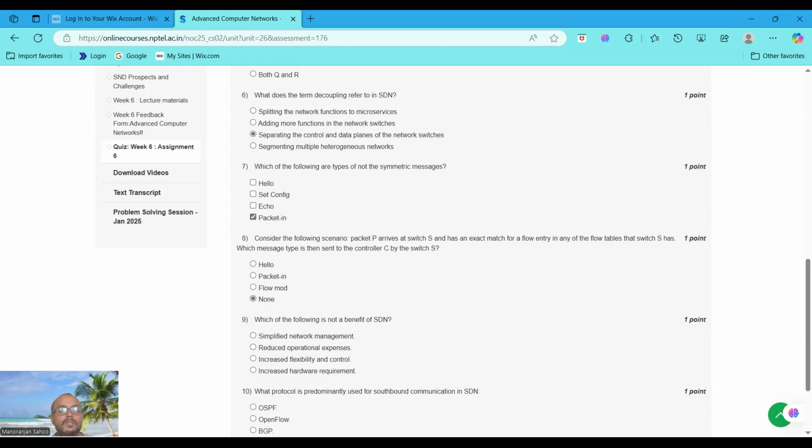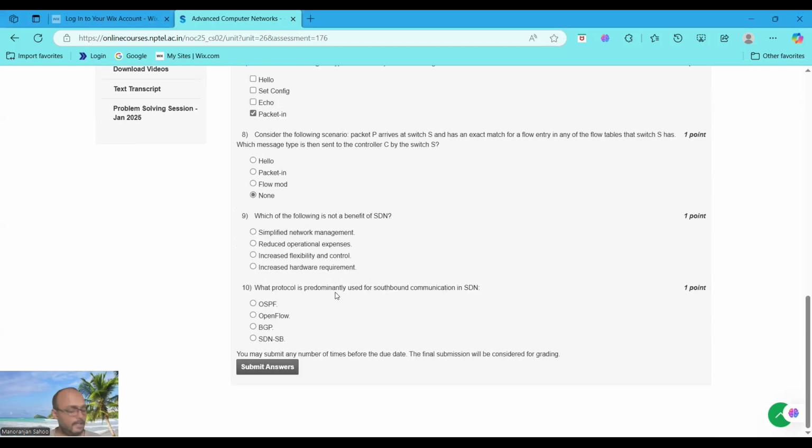If a packet matches a flow entry in the switch flow table, the switch will forward the packet according to the instruction in the flow entry. No message is sent to the controller in that case. The packet in message is sent only when there is no matching flow entry. So that's why I choose none.